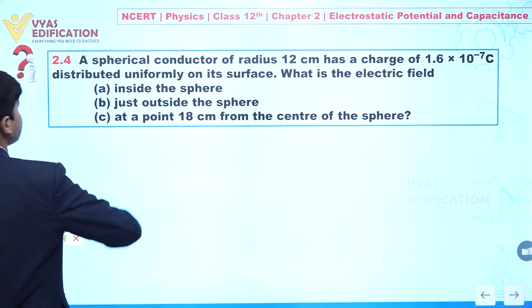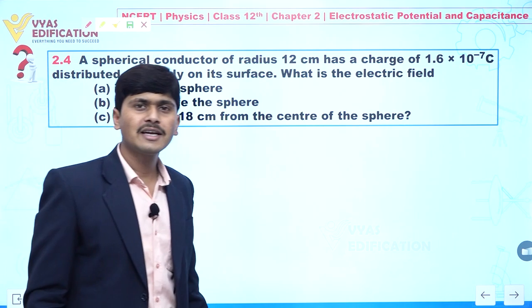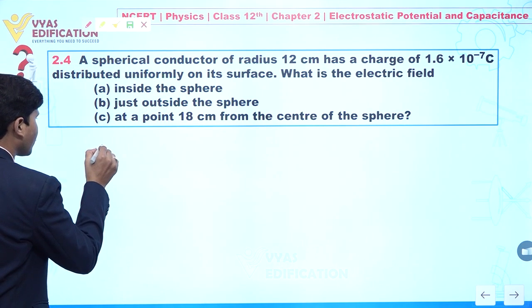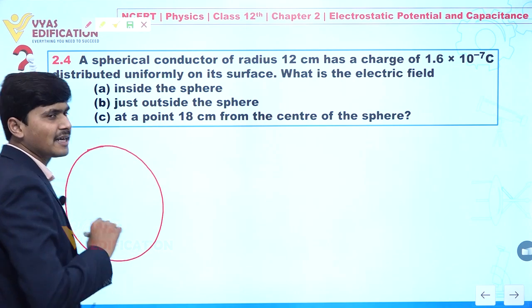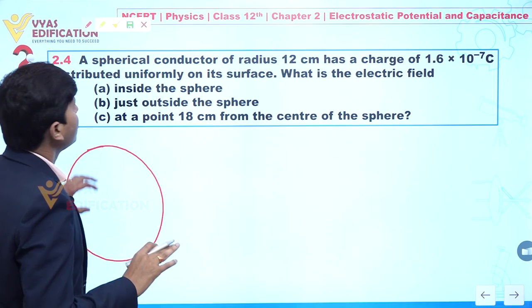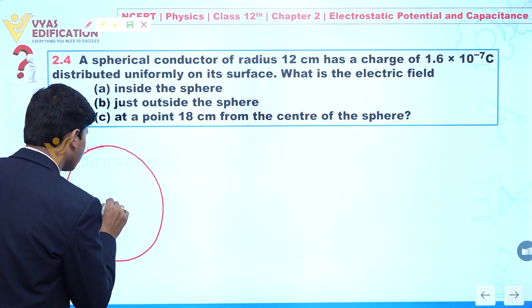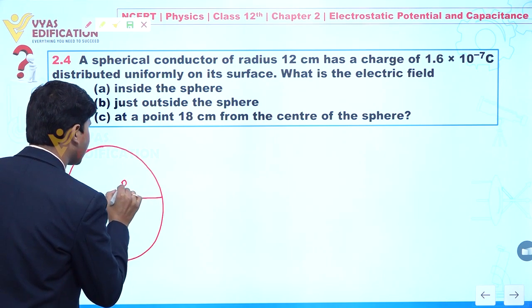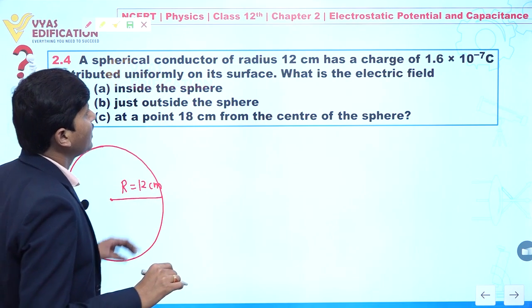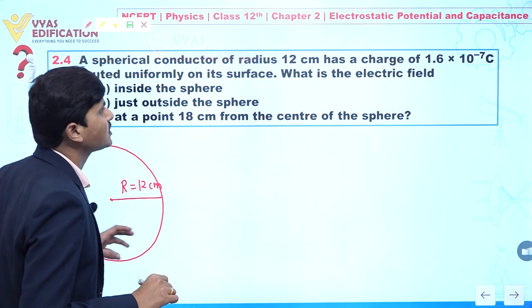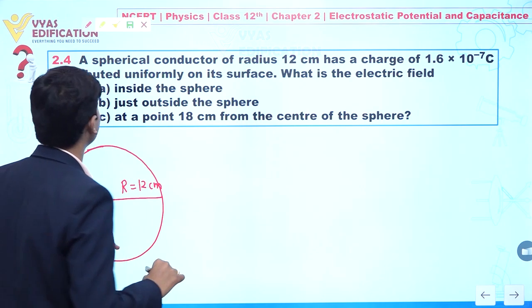So in this question it is given to you, we have a spherical conductor, clear, of radius 12 centimeter. So the radius of this conductor is 12 centimeter, clear. It has a charge of 1.6 into 10 to the power minus 7 coulomb, clear.